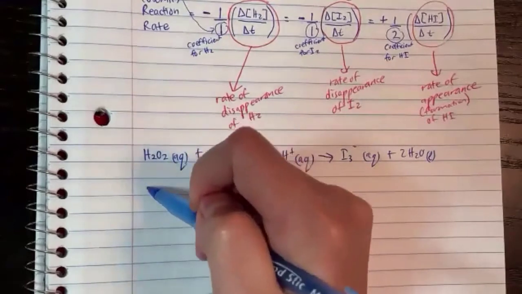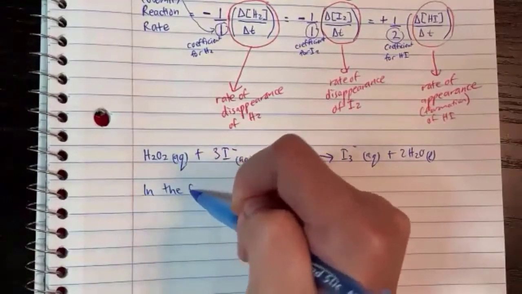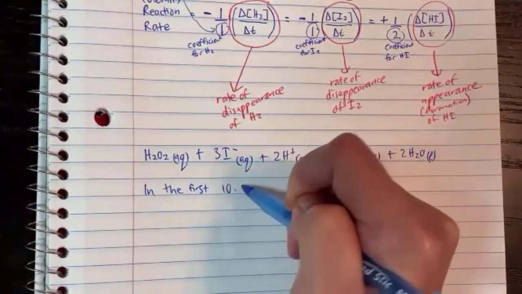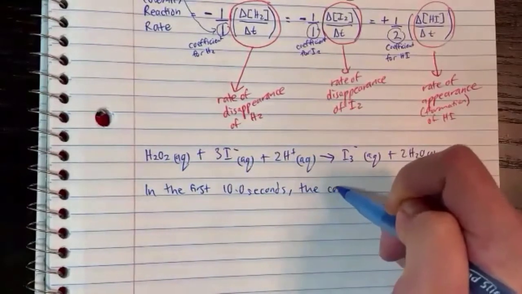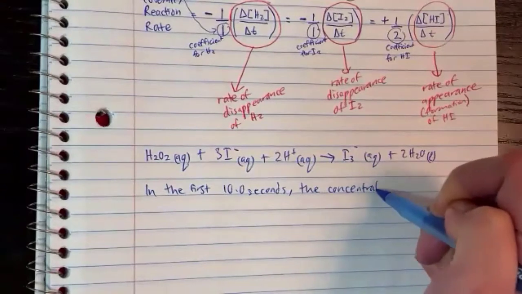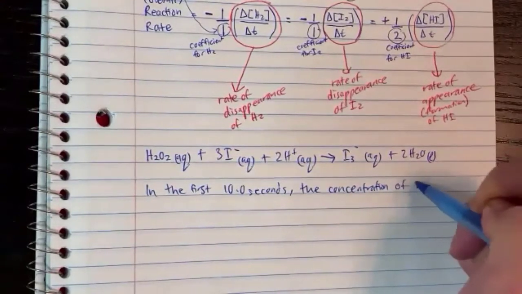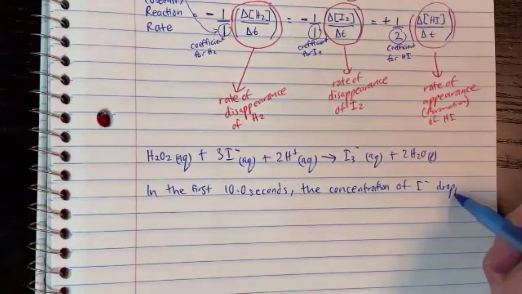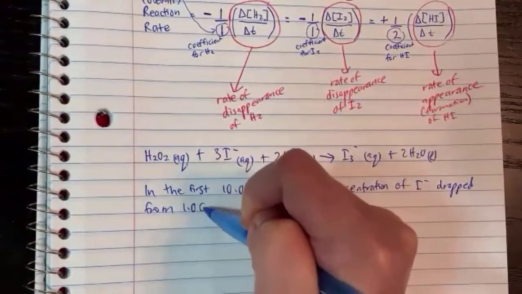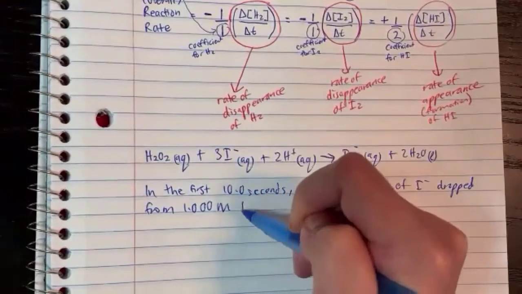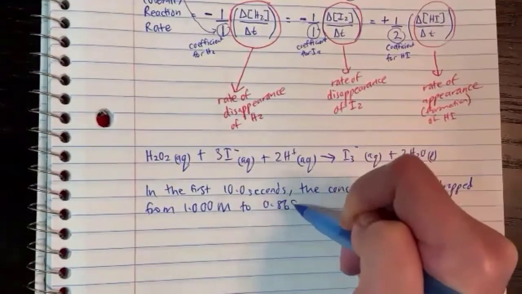And it says in the first 10 seconds, the concentration of I minus dropped from 1.000 molarity to 0.868 molarity.